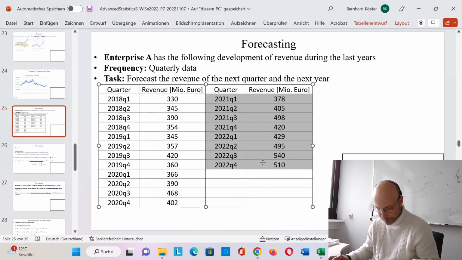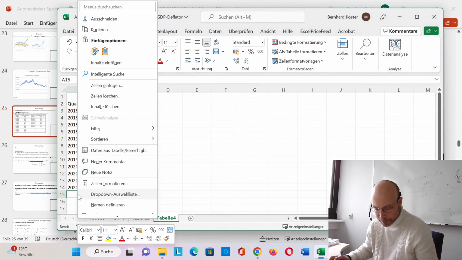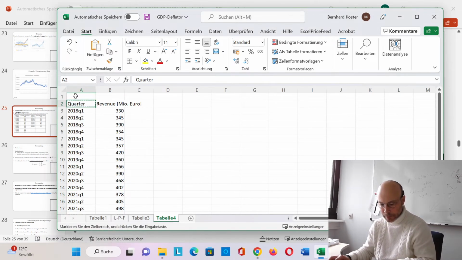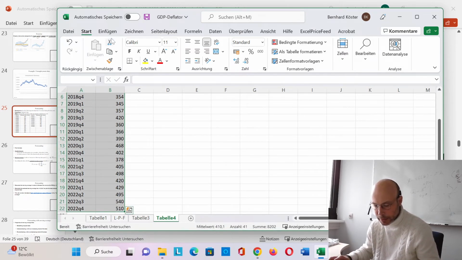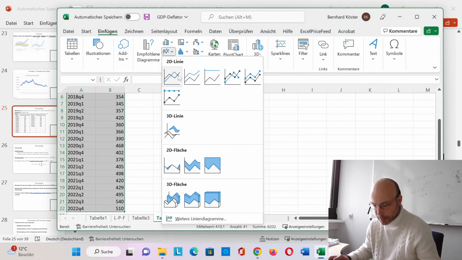Okay, so put in the data and the second part here. And again, just mark the data and create the diagram.